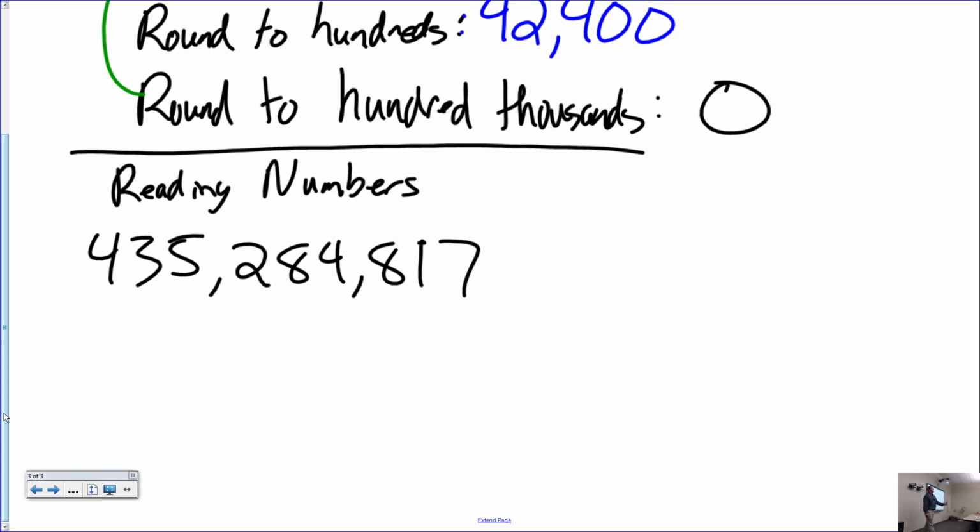If you were asked to read this number, it is 435,284,817. Did you ever hear me say the word "and" any time in there? Never. When you read whole numbers, folks, if there is no decimal point, you should never say the word "and."